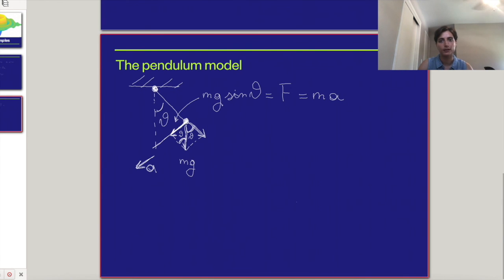So the two masses just disappear, and that means that the motion of the pendulum is independent of the mass itself. And we end up having a equal to g times sine of theta. We remind ourselves that a is the acceleration, and in this case it's the acceleration of theta. So what we have is theta double prime equals g sin theta. And this is the equation of the pendulum.